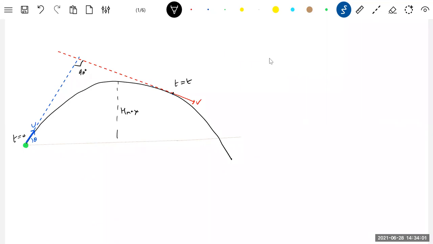Tan theta should be equal to Vy by Vx, no? Go back to trigonometry.